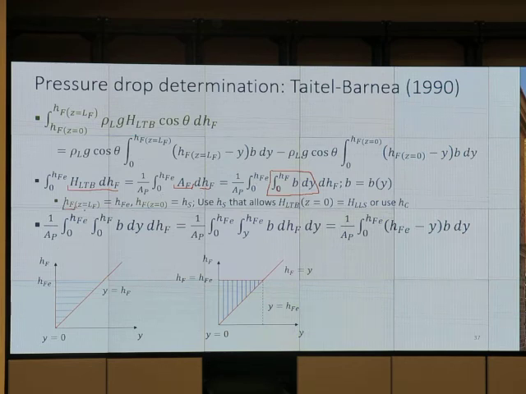HF at z equals LF, which is the top integration limit, is equal to HFE, or the height at the equilibrium point. HF at z equals 0, or at the start, is HS, the liquid height at the starting point before we do the integration.